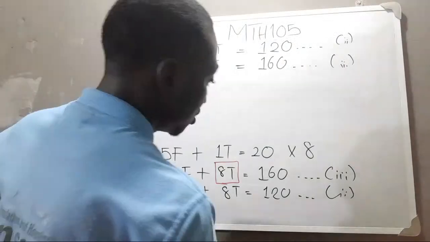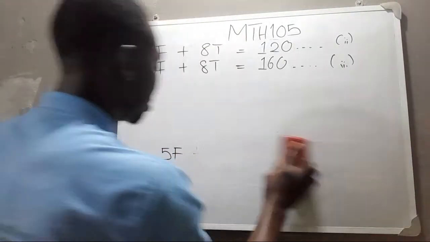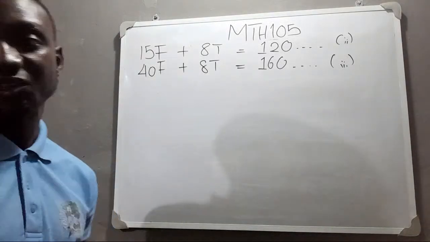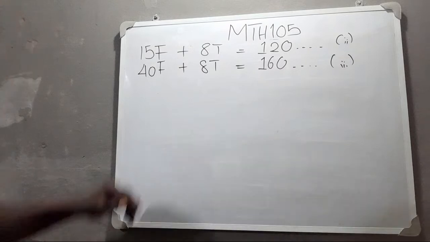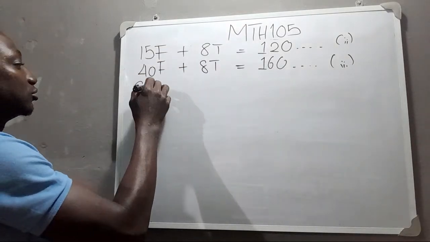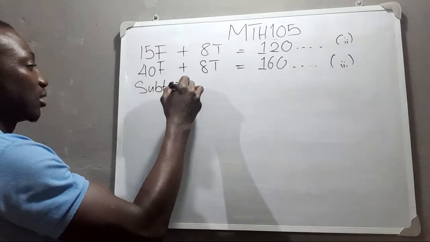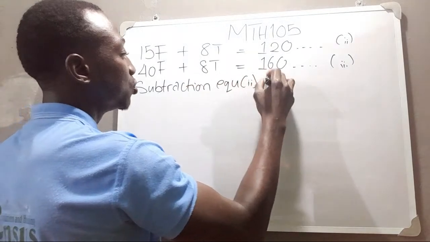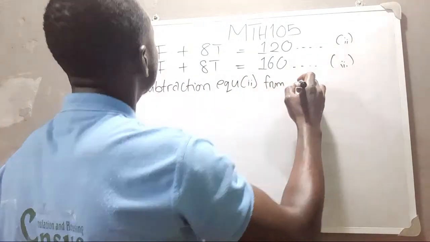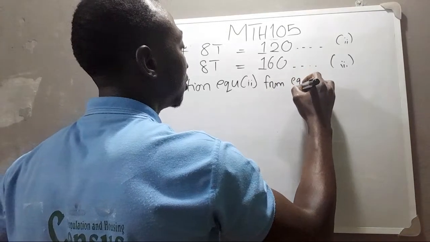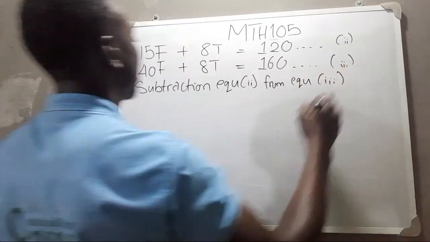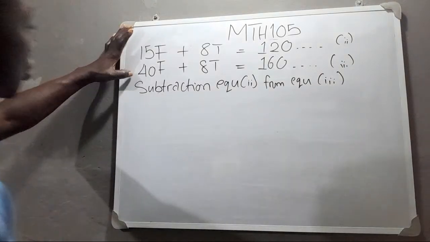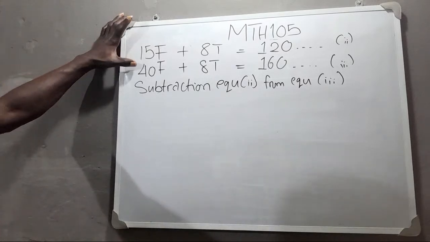Okay, so now we are substituting. What we are doing is subtracting equation 2 from equation 3. Remove 15 from 40, we should be left with 25.